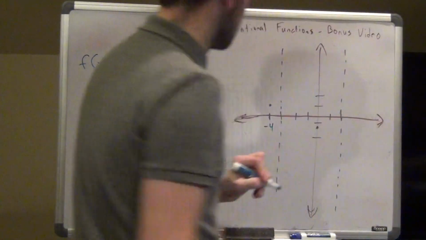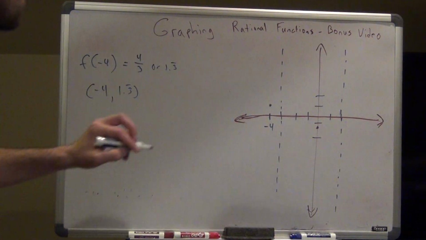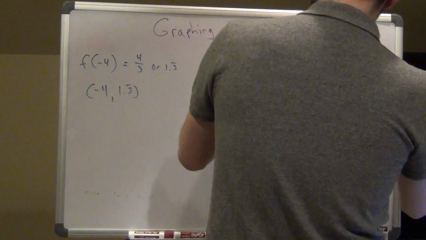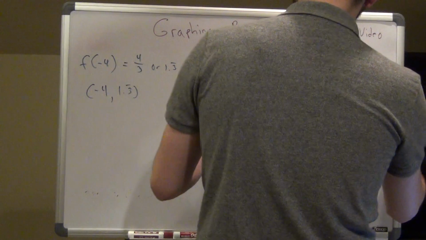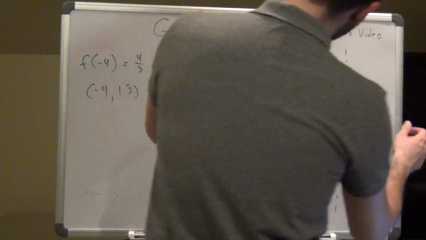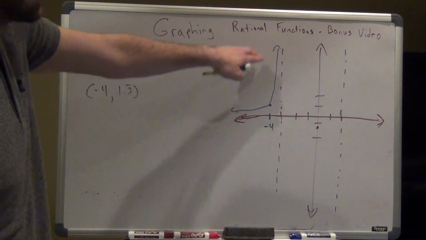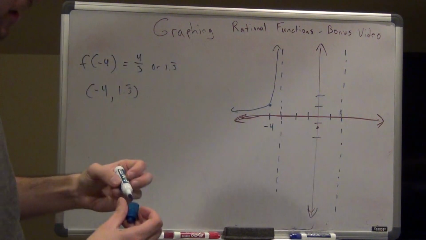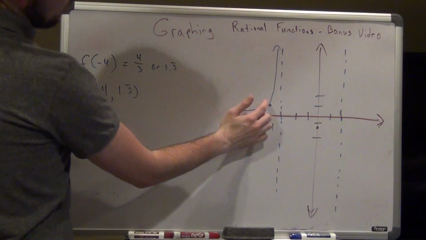Then I'm going to graph this curve. I'm going to go around like this, and it should get really close to that teal line, really close to the x-axis, but never actually touch it. All I need is 1 point to the left of this first vertical asymptote.